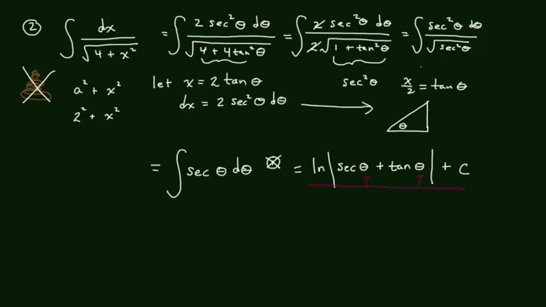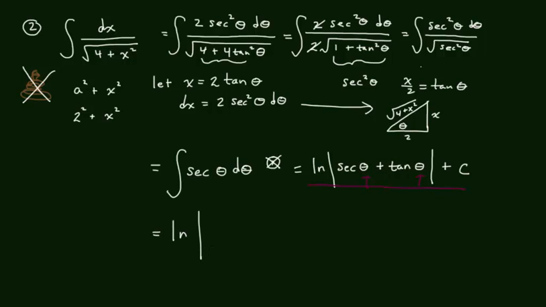And opposite over adjacent is tan theta. So my missing side is going to be the square root of 4 plus x squared. There it is.